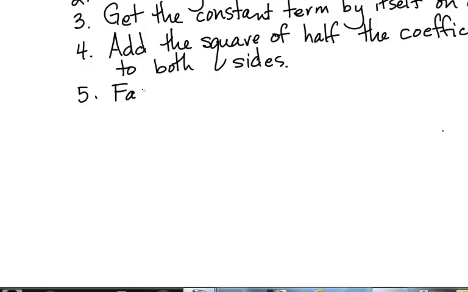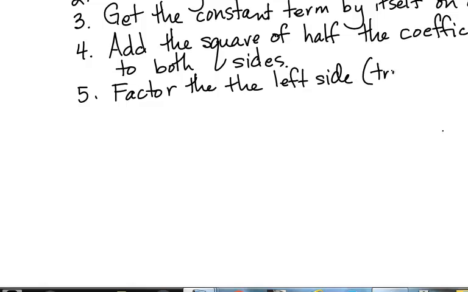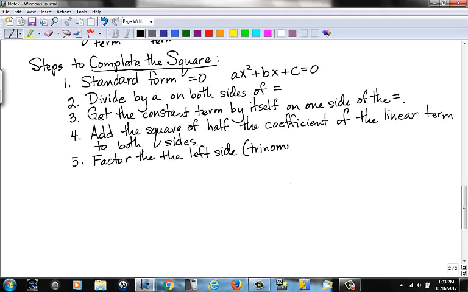Factor the left side, which is the trinomial square, into the square of a binomial.